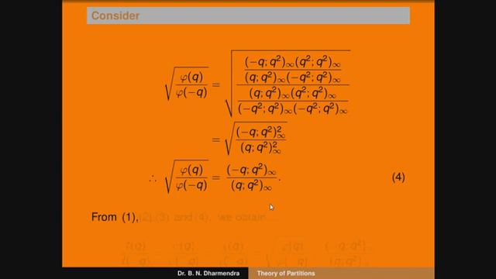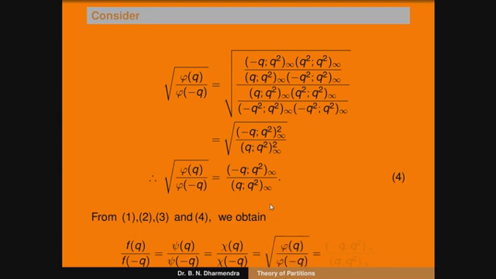So from 1, 2, 3 and 4, we obtain that f of q divided by f of minus q is equal to xi of q divided by xi of minus q, equal to chi of q divided by chi of minus q, equal to the square root of phi of q divided by phi of minus q, equal to (minus q; q squared) infinity divided by (q; q squared) infinity.